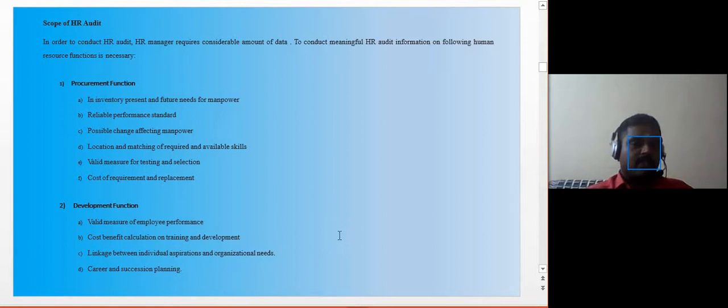Development function: valid measures of employee performance, cost-benefit calculation on training and development, linkage between individual aspiration and organizational needs, career and succession planning.